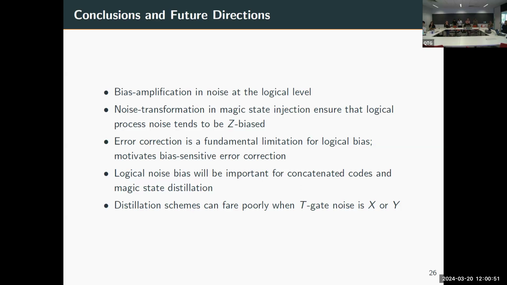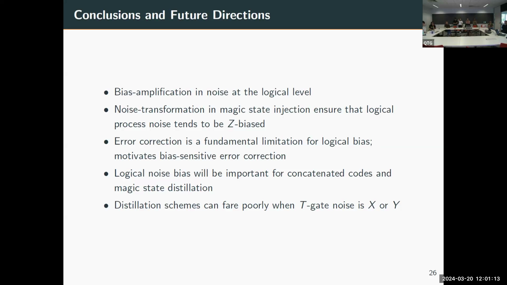Well, first of all, you can potentially use this in conjunction with concatenating codes, and then use a code which is considerate of the logical bias on the lower code. Especially in this case, where we're talking about magic state injection and T-gates, concatenating codes implies something about magic state distillation.